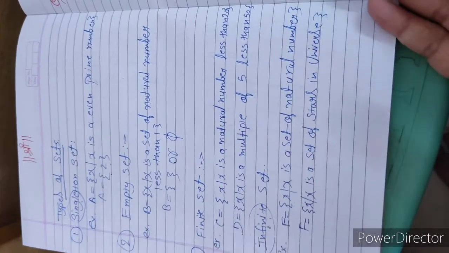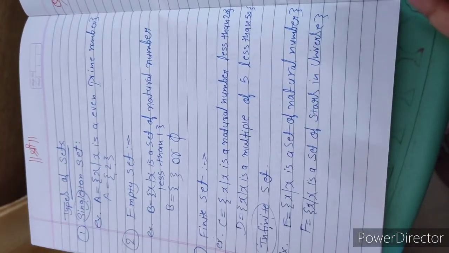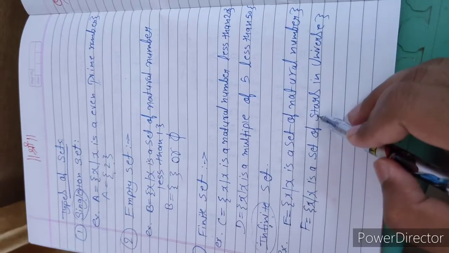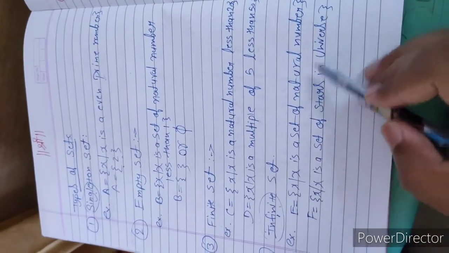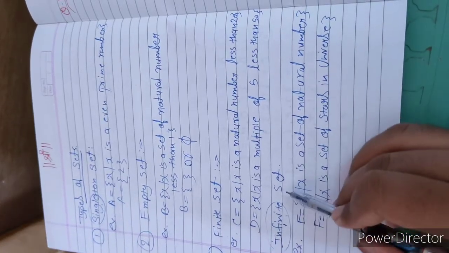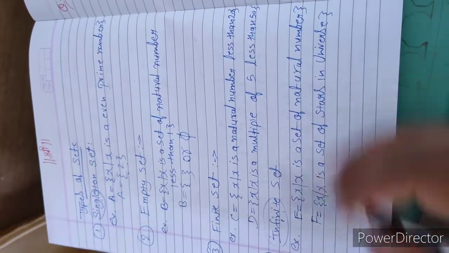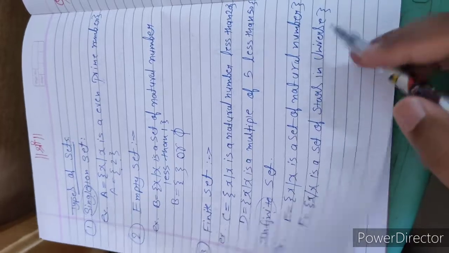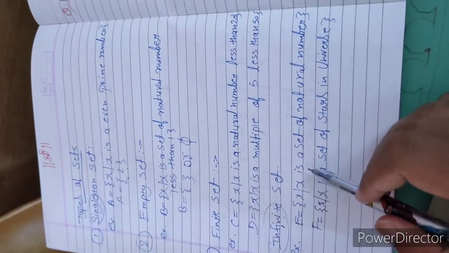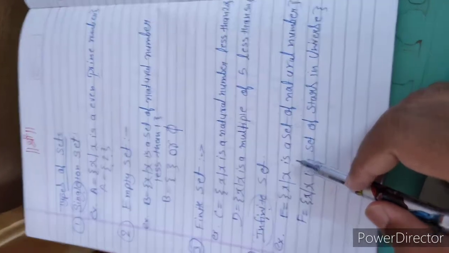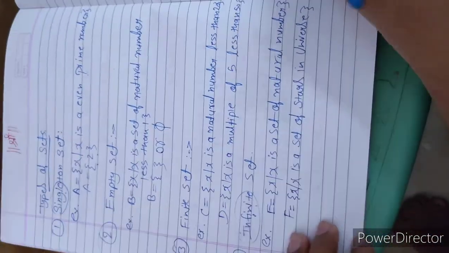It is infinite. Its area is infinite, so the number of stars in the universe is also infinite. So the set of stars in the universe is an infinite set because there are infinite stars available in the universe. Like that we have done 4 types of sets. Now we start the 5th type of set.